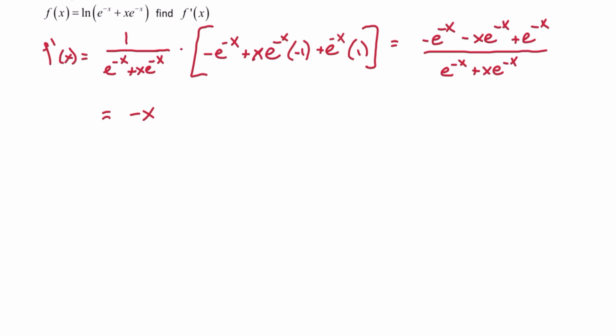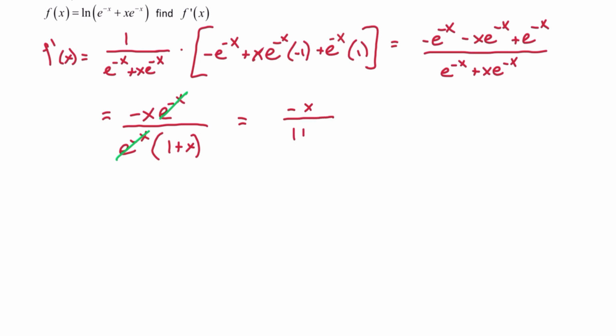So we have negative x e to the negative x. And in the denominator, we can factor out e to the negative x, leaving us with 1 plus x. And since e to the negative x occurs in the top and bottom, we can reduce it, leaving us with negative x over 1 plus x.